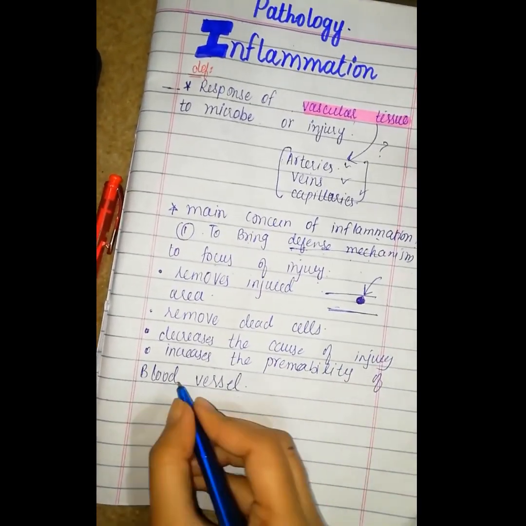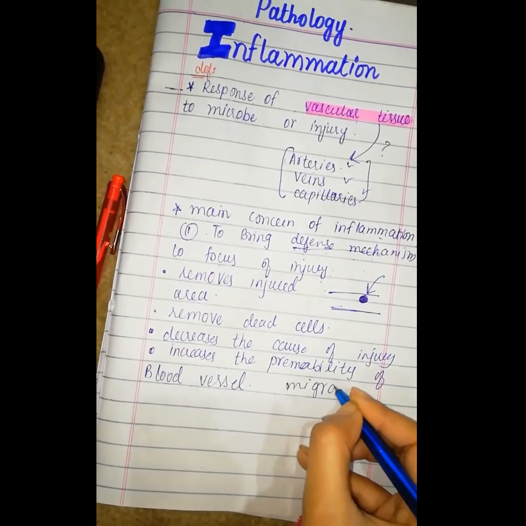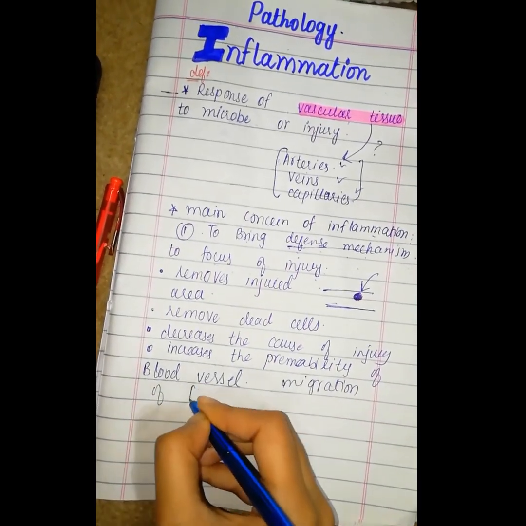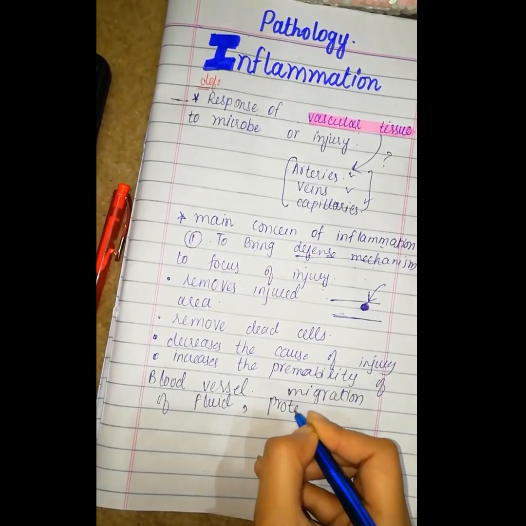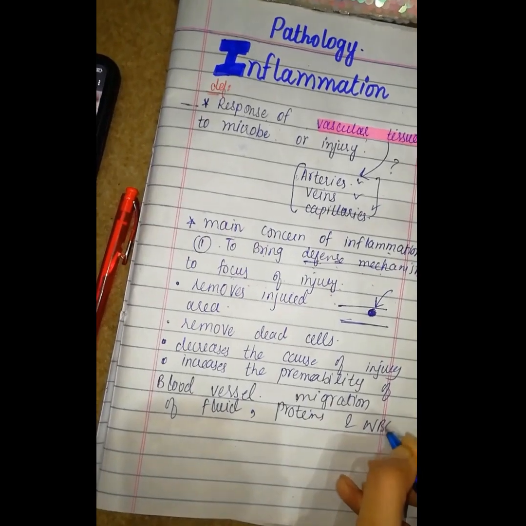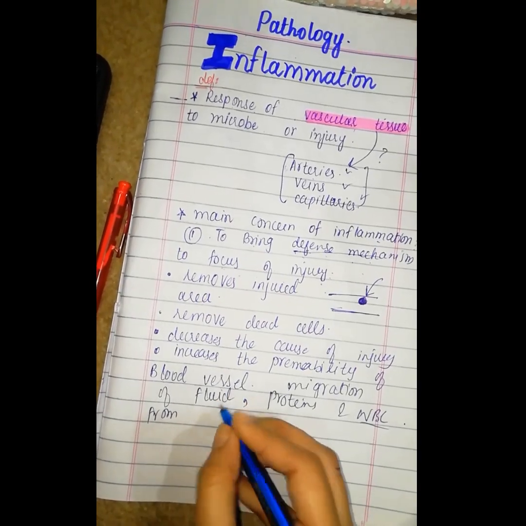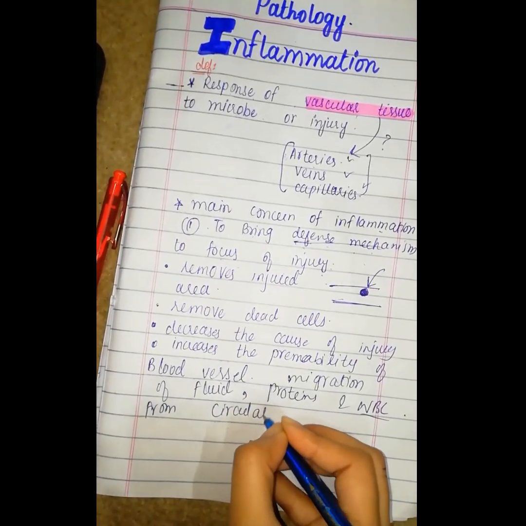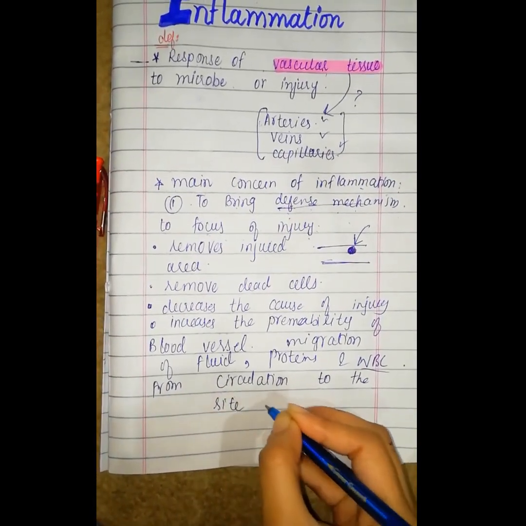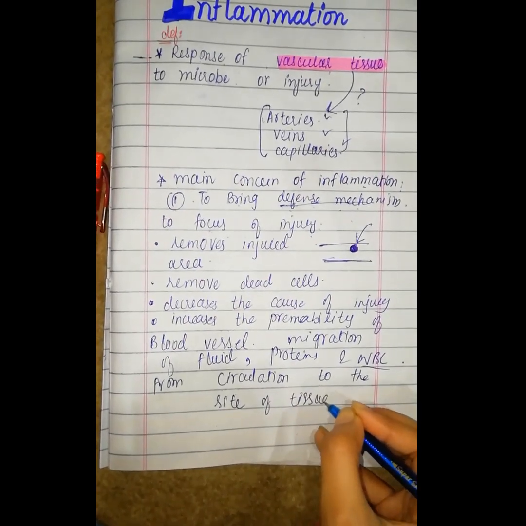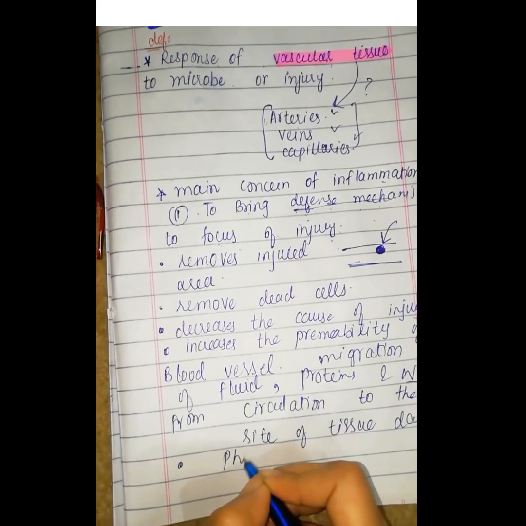And when the permeability of blood vessels increases, it allows the migration of fluid, proteins, and white blood cells, which we call leukocytes, from the circulation to the site of tissue damage. And then it also does phagocytosis.